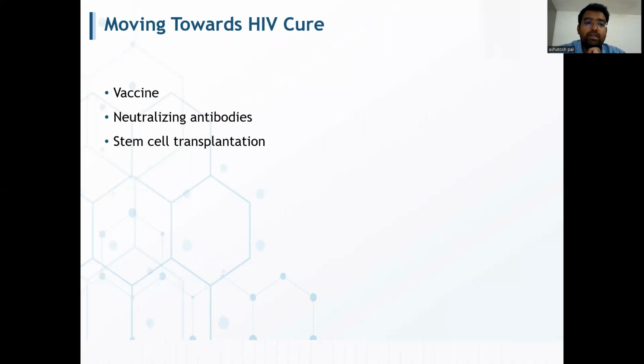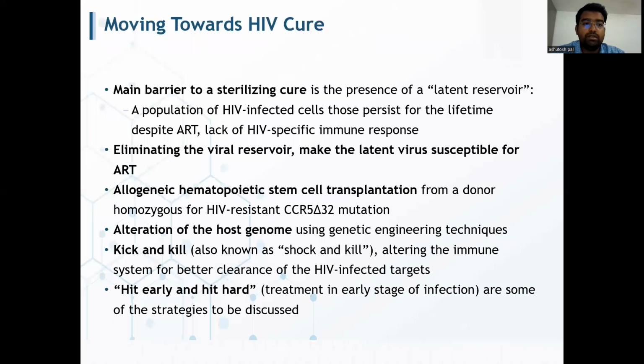Moving towards the HIV cure, vaccines, neutralizing antibodies, and even stem cell transplantation are also being considered. The main barrier to a sterilizing cure is the presence of a latent reservoir, a population of HIV infected cells that persist for a lifetime despite ART, with a lack of HIV specific immune response.